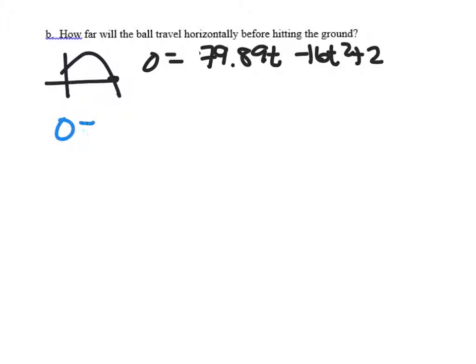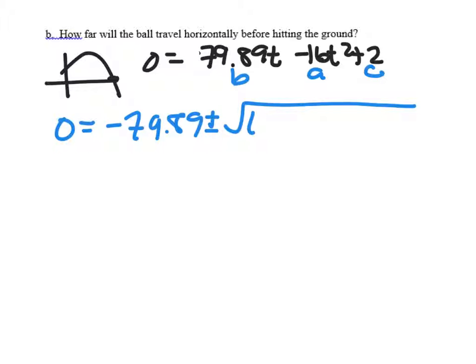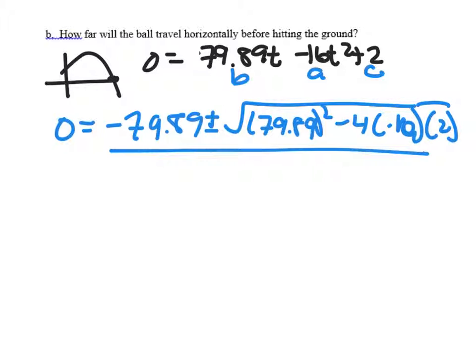So t equals negative b, this is my b, this is my a, this is my c. Keep in mind it's not in the right order. Negative 79.89 plus or minus the square root of b squared minus 4ac, over 2a. And if you stick all that in the calculator, you're going to get 2.